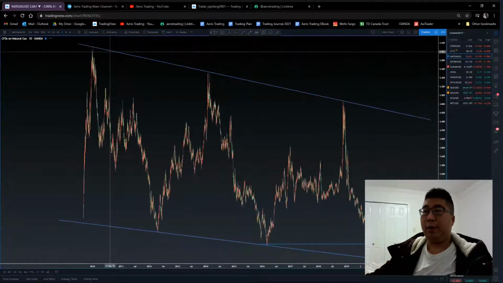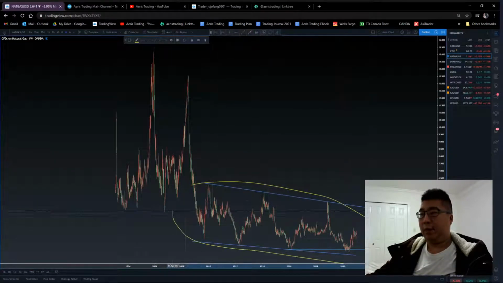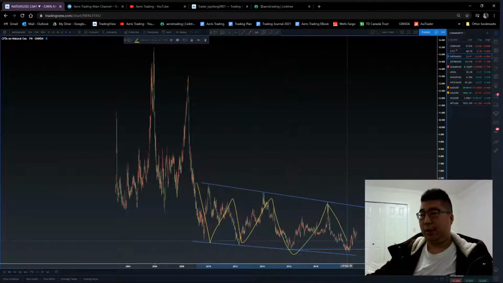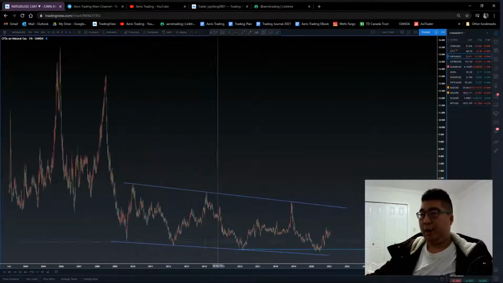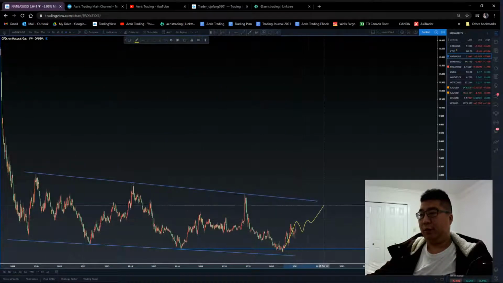We know from a higher time frame perspective, we've been in this kind of long range consolidation since, wow, December 2008. So price has been in this correction. From a higher time frame perspective, this is certainly a correction. We're getting this kind of double bottom area, bottom of the structure, potentially looking for a reversal to break out.